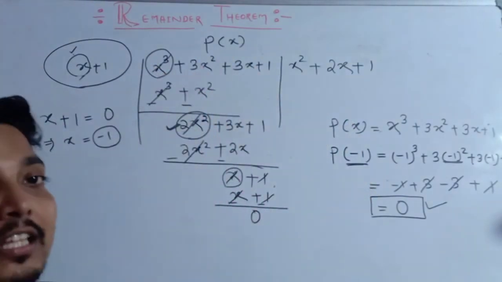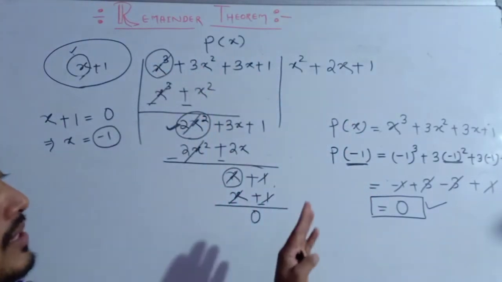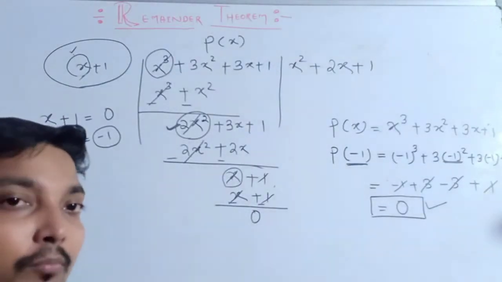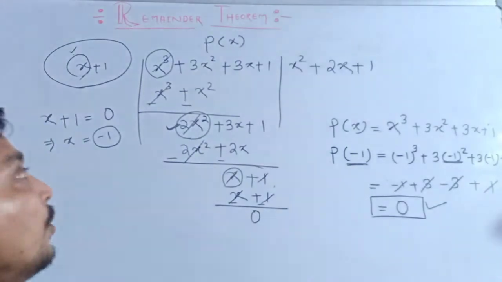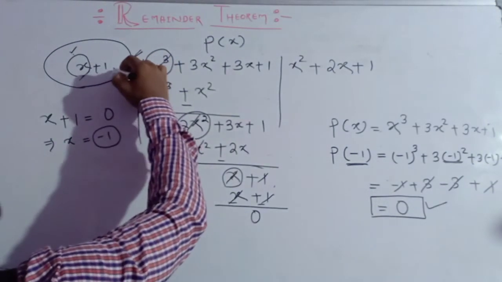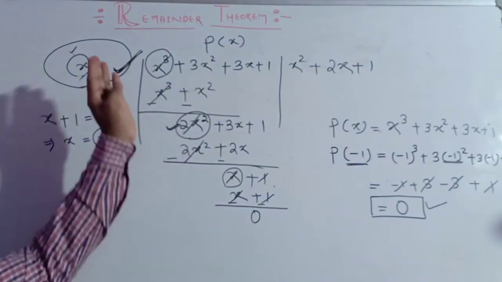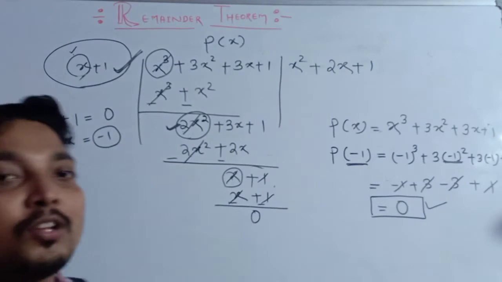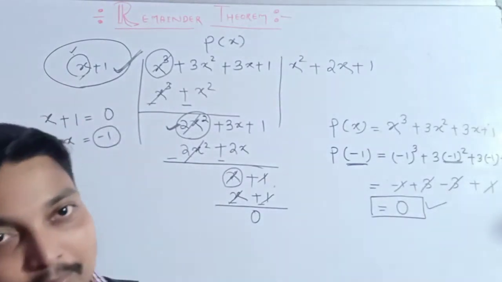Another thing to remember: the formula is applicable whenever the divisor is a linear polynomial. Understood or not understood? Clearly understood?